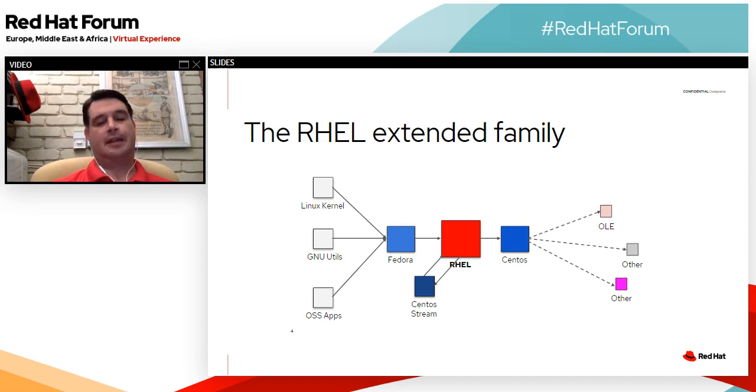So there are many projects out there, many of them Red Hat participates in, and we utilize those project components such as the Linux kernel, GNU utils, application servers, web servers, you name it. There's millions and millions of projects out there. We take the very best and we roll it into a distro called Fedora. So Fedora is intended to be the sort of lab of our Linux family.